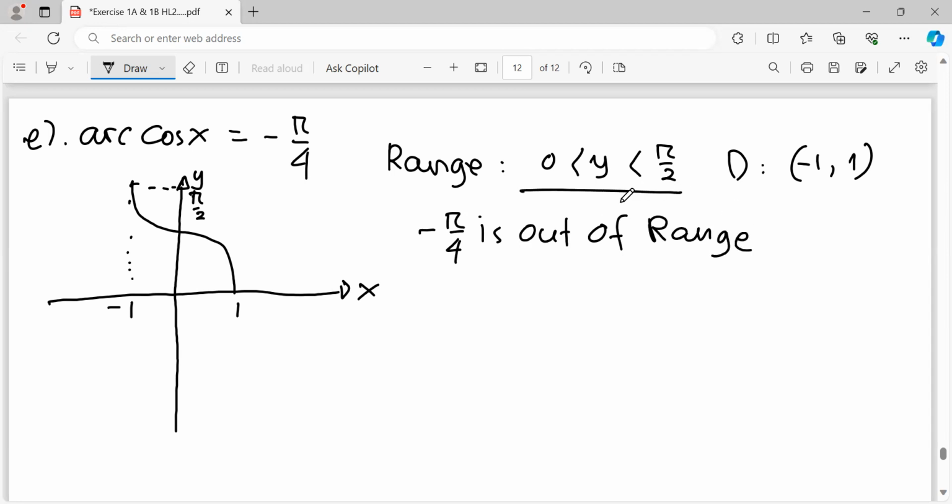Even if we can determine cosine minus pi over 4, there's no solution for this because negative pi over 4 is out of this range. So there is no solution.